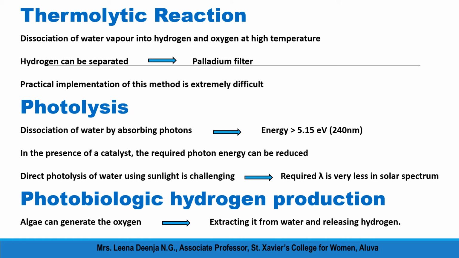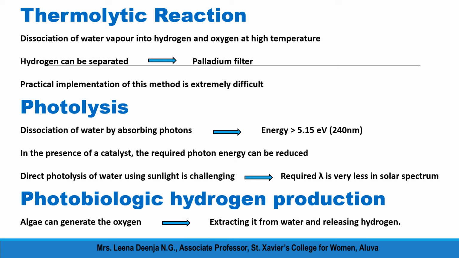And photolysis is dissociation of water by absorbing photons having an energy more than 5.15 electron volts or 240 nanometers. In the presence of a catalyst, the required photon energy can be reduced.